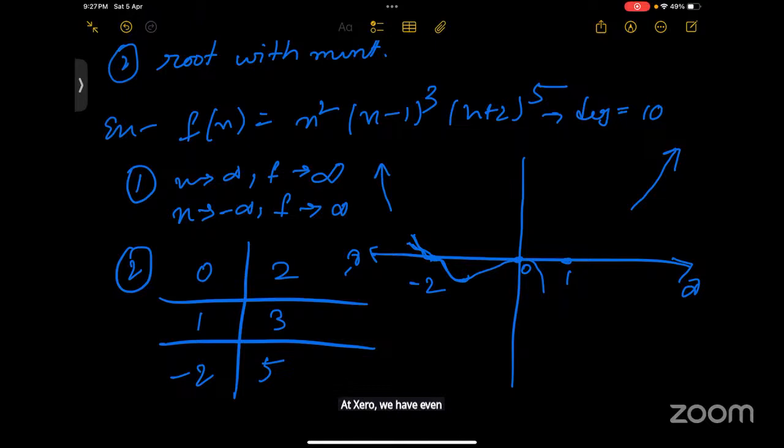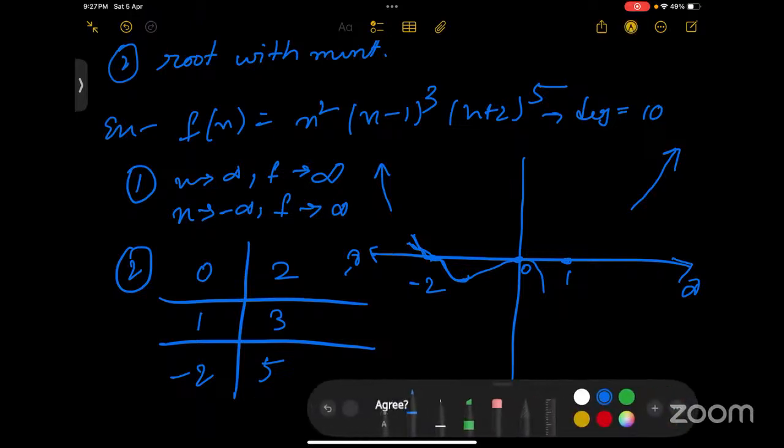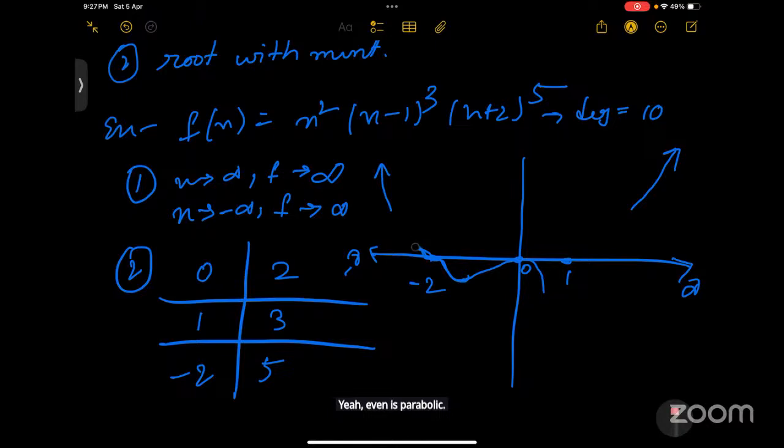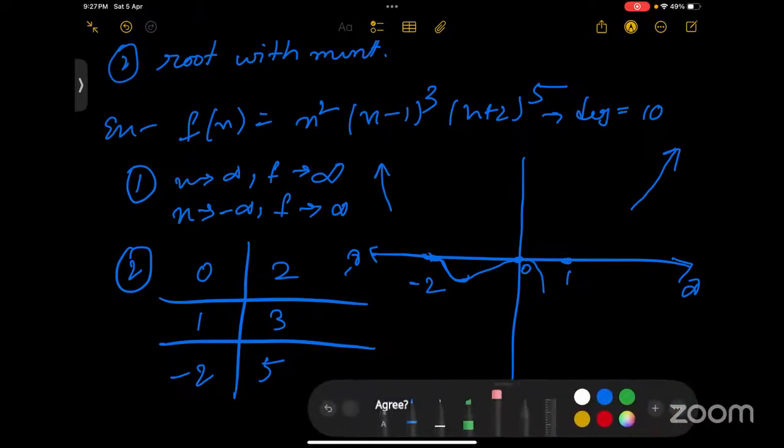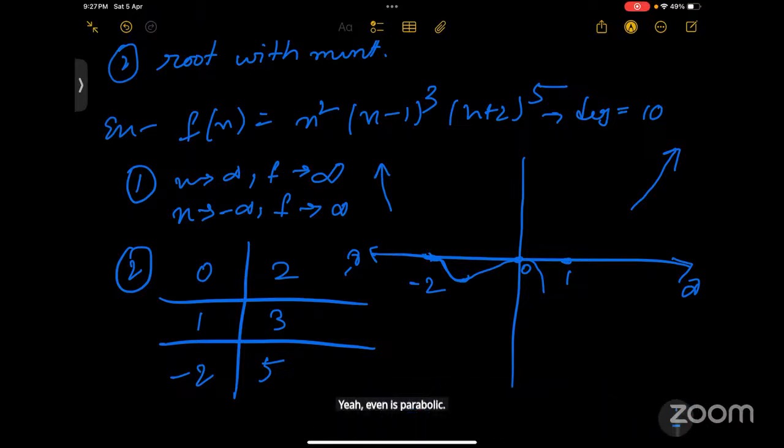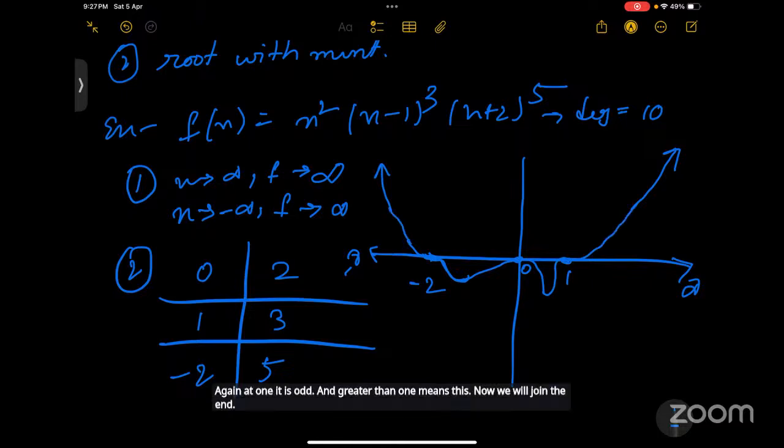That means this type of figure we will find, right? Yeah, even is parabola-like. Again, at 1, it is odd and greater than 1, which means this. Now we will join the ends. So this will be the graph of the function, right?